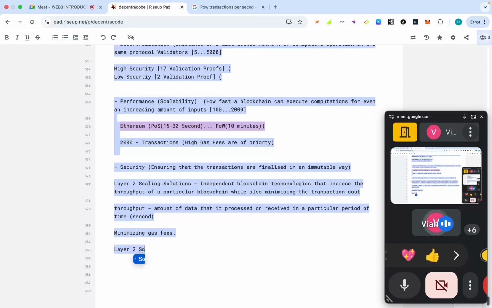So layer 2 solutions have four mechanisms, or four types so far, that exist. We have rollups, and we shall look at them in detail. We have side chains. Okay, we have rollups. We have channels.